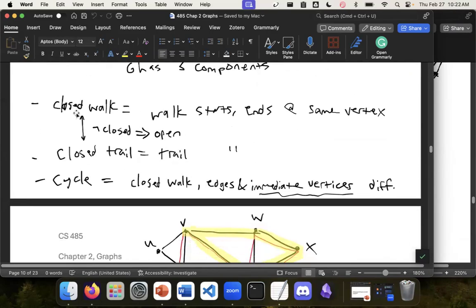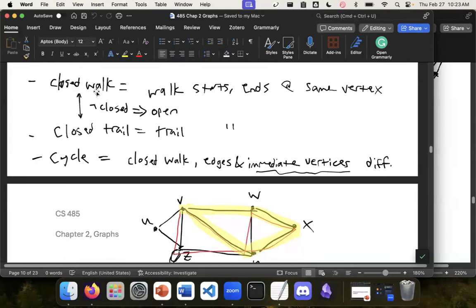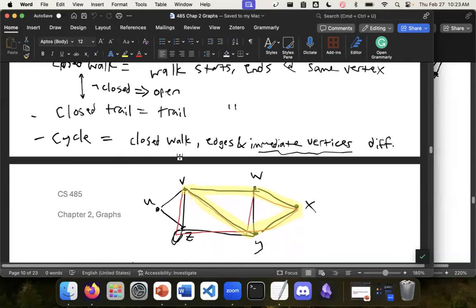And then we talked about what it means for it to be closed, which is where it starts and ends at the same vertex, so it loops its way back around. And so we've got a closed walk, a closed trail, but for a closed path, we call that a cycle, where everything except for the start and end vertex has to be different.